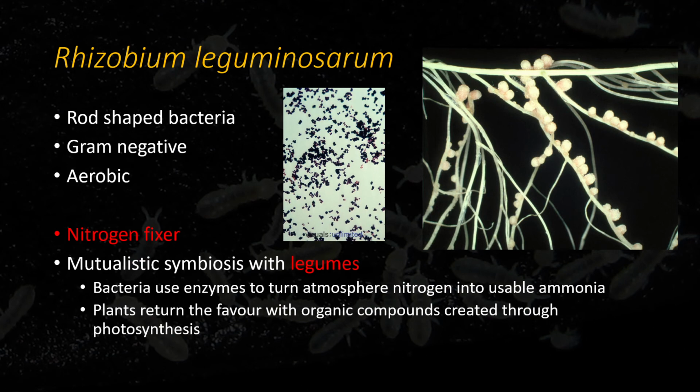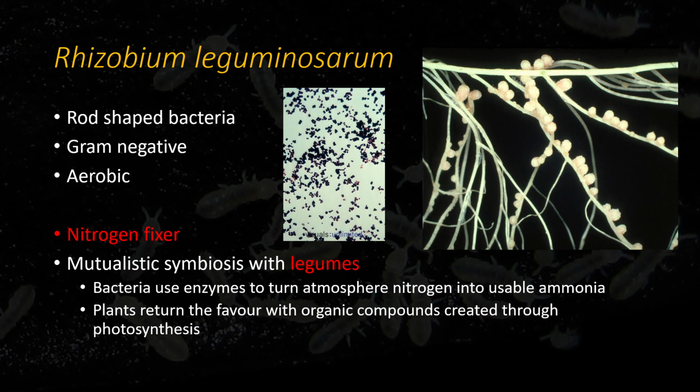And then the last one I want to talk about is the rhizobium that is found in the legume family. This might be the most famous nitrogen-fixing bacteria of all time. It creates a symbiotic relationship in these little root nodules of plants, specifically legume plants.